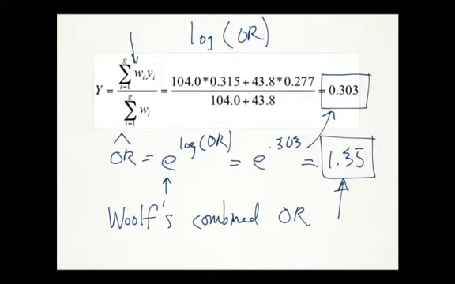Hopefully by now you're very familiar with this setup. We know that just an estimate of the combined odds ratio is not enough. We need an estimate of its variance so that we can construct confidence intervals and do statistical tests. So how do we get a standard error for the combined odds ratio? The combined estimate standard error is based on the sum of the standard errors of the two individual odds ratios, just as you might suspect.